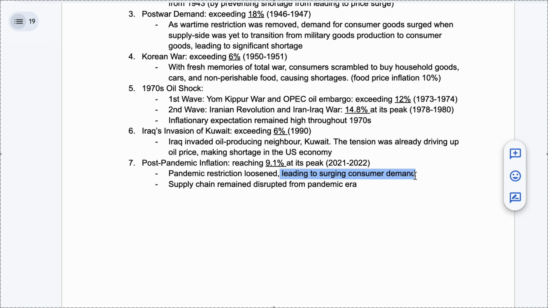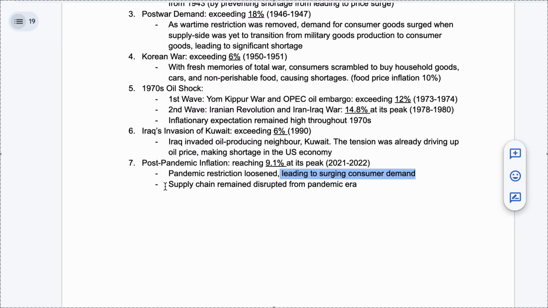Now they were allowed to go out and buy stuff, maybe travel, buy consumer goods they always wanted to buy, go to restaurants with friends. For about a year, people had to refrain from doing that, but finally they were able to go out. So aggregate demand definitely surged.